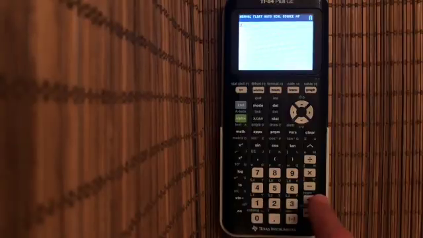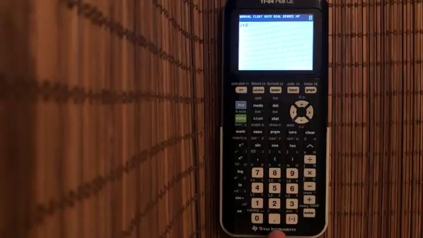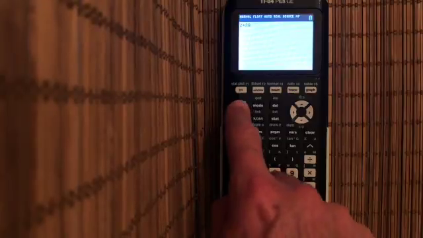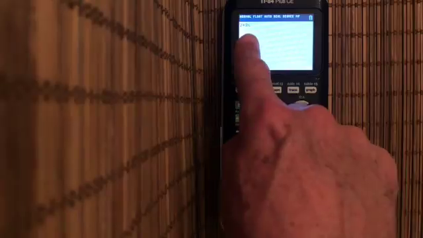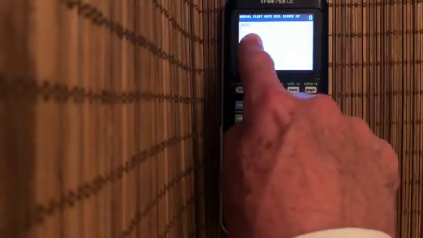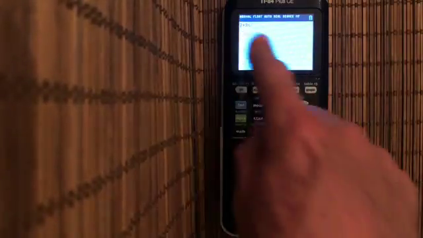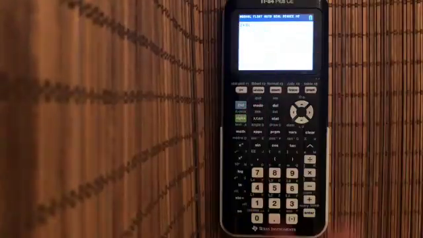If you're wondering where the i for imaginary number is located, it's right above that decimal point in blue. There's the i. So that means use the second key. Pressing the decimal point will access that i. And you can see now in the calculator how it's displaying the 2 plus 3i. So that's the imaginary number, 2 plus 3i.